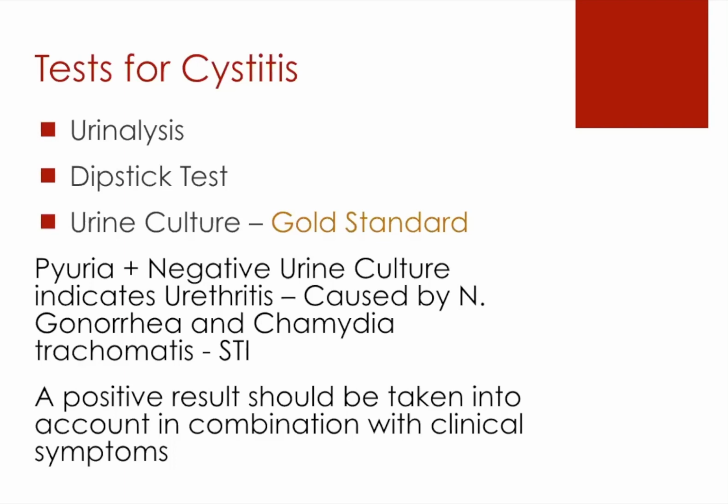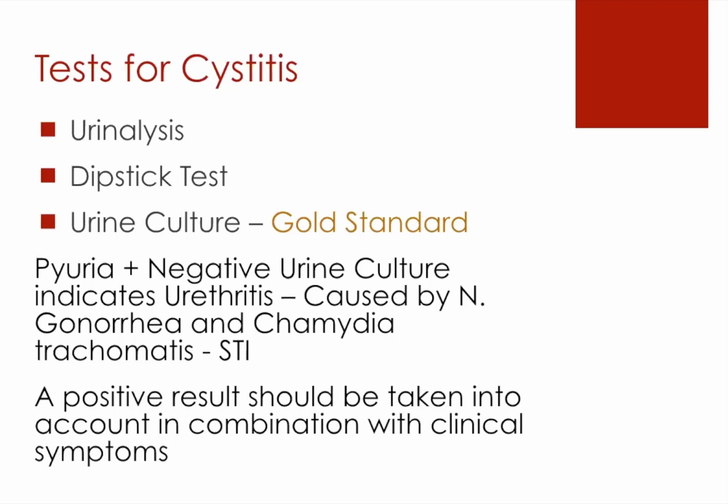And then we've got urine cultures. Urine cultures are the gold standard. It's where we take a midstream urine sample from a clean catch, and if we find more than 100,000 colony-forming units per milliliter, we will say that this is a positive sample.